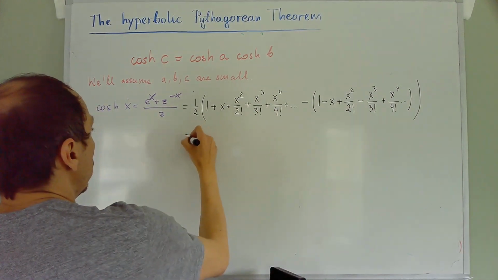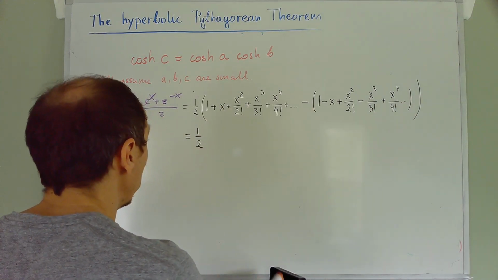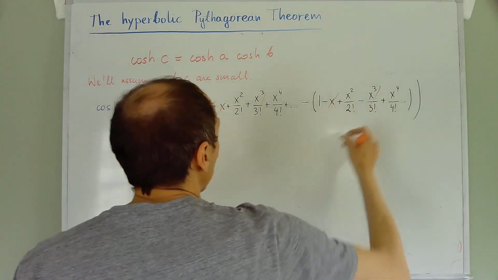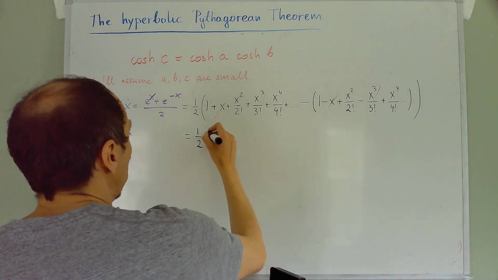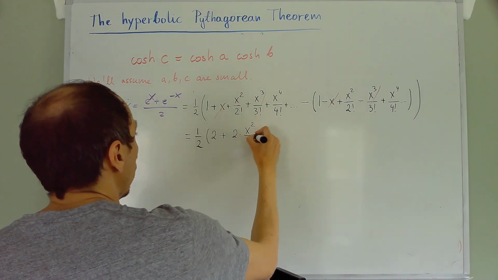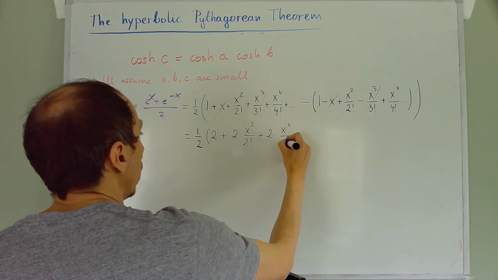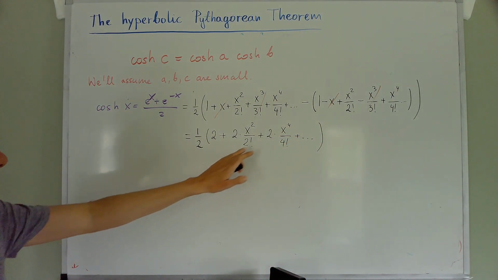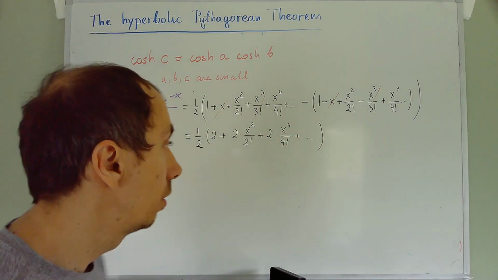Alright, so if you do the calculation, you see that the odd powers just go away, and all you're left with are even powers. And in fact, they're always double, right, because there's 2x squared, 2x to the 4th on both sides, and so on.